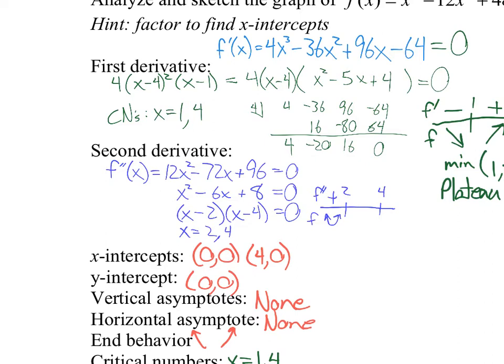So I knew the second derivative had to be positive for it to be a min. If I plug in a 3, I get 1 times a negative 1. So that's negative, it's concave down. And then at 5, I'd have a positive and positive, so it's switching to concave up. So I do have 2 points of inflection.